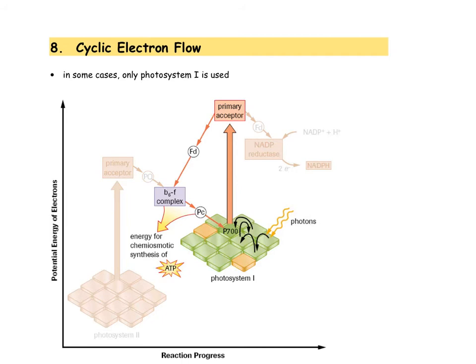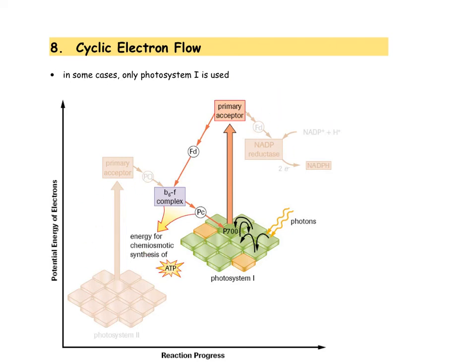Okay, so what I'm hoping that you were able to see was that cyclic electron flow is part of this larger non-cyclic electron flow. And so in the diagram, they've intentionally highlighted one component while blurring a couple of others.